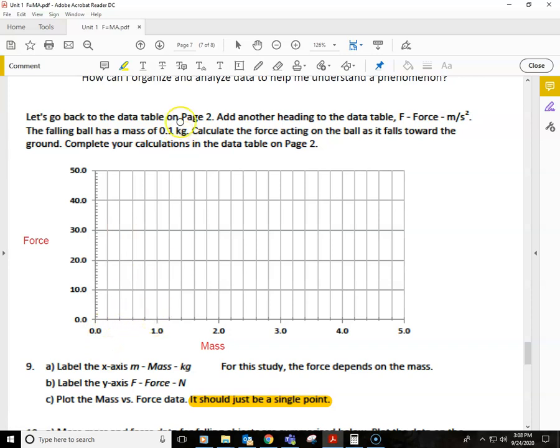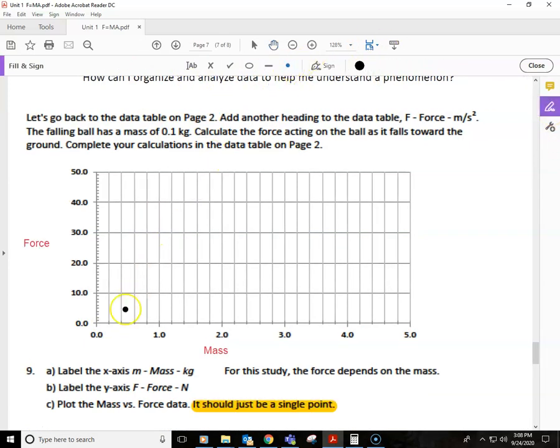Okay, but it's 0.1. So that's going to be over here, halfway between 0 and 0.2. I'm going to get a dot ready to go. As I recall, it was 1 Newton. So just 1 dot right there, and you're done with number 9.